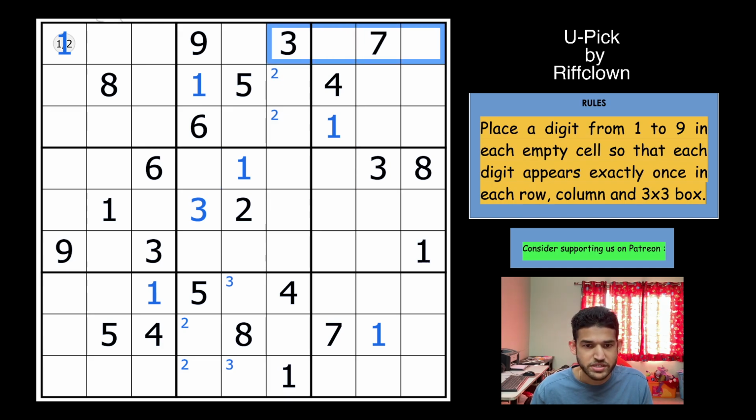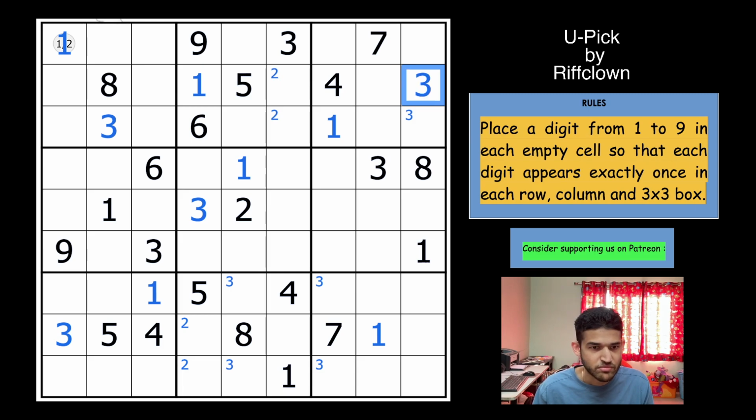So 3 goes here, and that gives 3 in column 7. And now you can place the 3 in row 8, so 3 goes here, which gives a 3 in column 2, and that places 3 in box 3. So that's very nice. Now let's get to 4s.